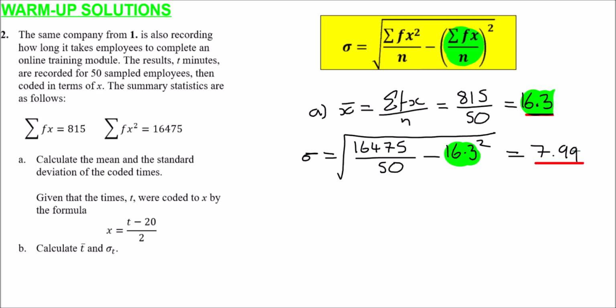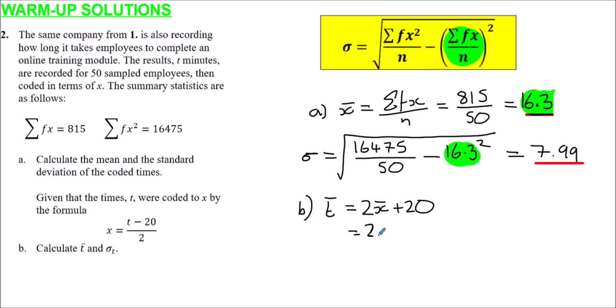However, because these are coded, for part B, we need to work out the data for the actual times. So what's the actual mean time taken and the standard deviation of the times? For part B, to find the mean time, we essentially just make t the subject of this equation. So we multiply both sides by 2, which gives us 2x, but because we're talking about the mean, that's 2 lots of the mean of the coded times, and then we add 20.